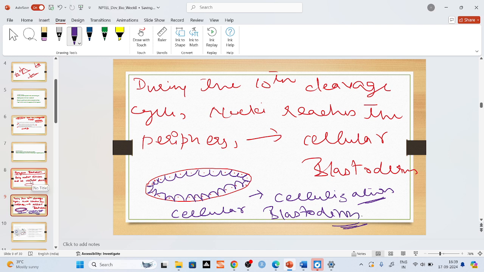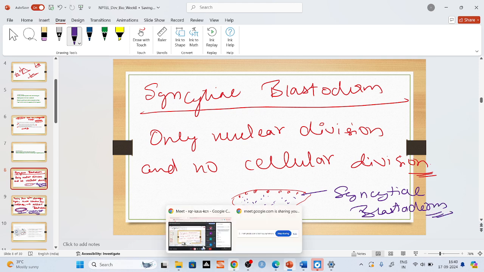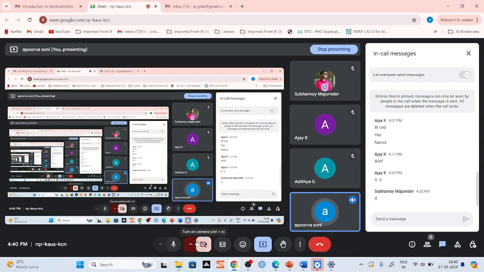And the one where the nuclei are present, but the membrane around the nucleus is not formed, that is a syncytial blastoderm. So, is this clear to everybody? The difference between the syncytial blastoderm and a cellular blastoderm.